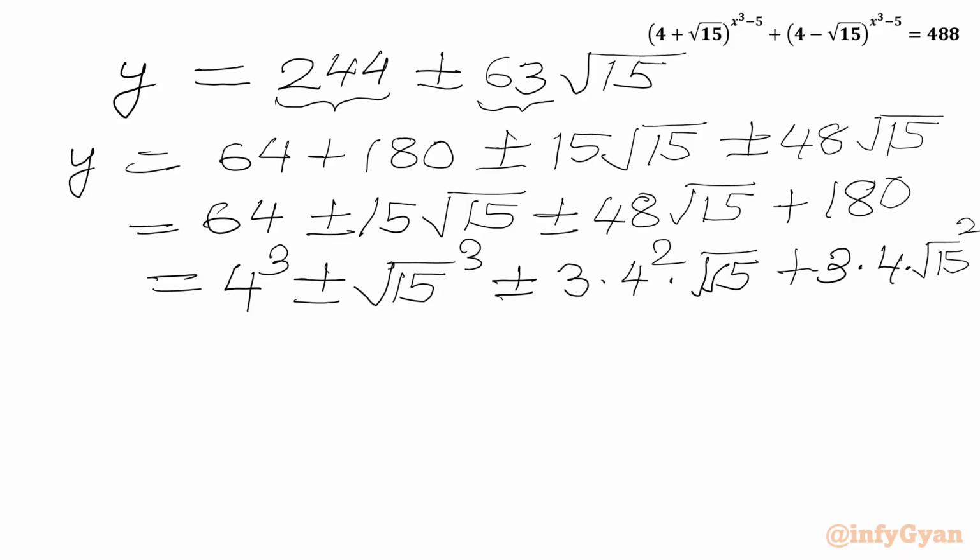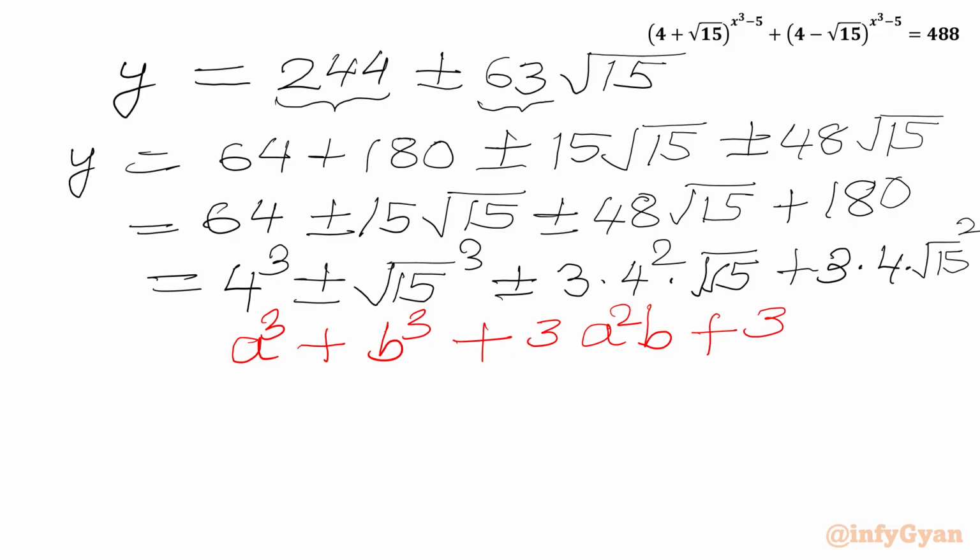Now this is replicating one algebraic identity. Let me consider 4 equal to A and root 15 equal to B. I can write A cube plus B cube plus 3A square B plus 3AB square, and with the minus sign we put minus in the alternating terms.